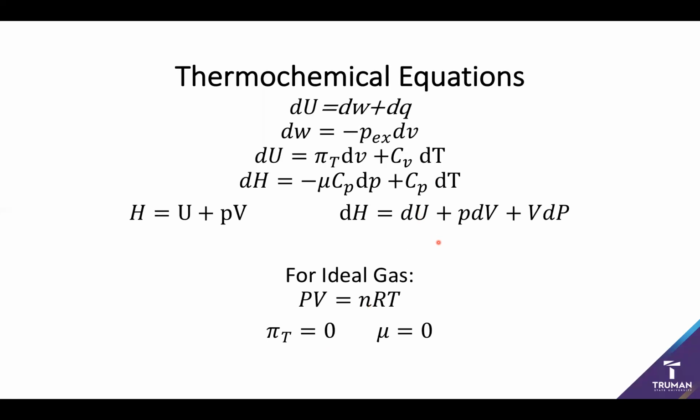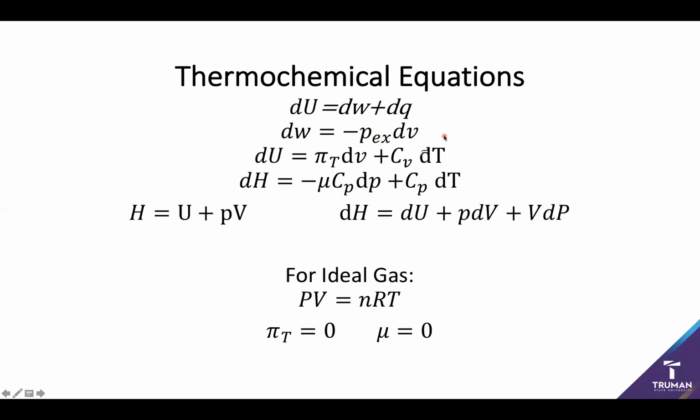However, we do run into a problem in that while these equations are simple, they may not always be useful, especially when we're dealing with things such as external pressure. Ooh, that's a bit of a can of worms.